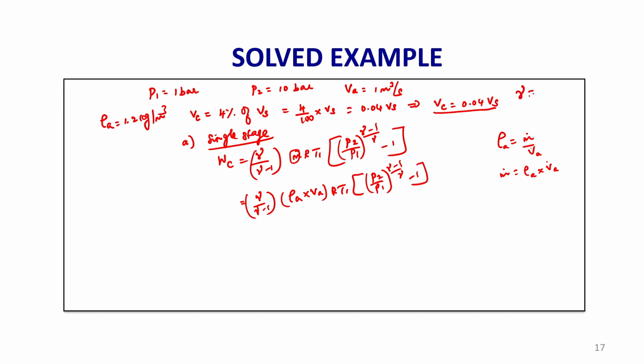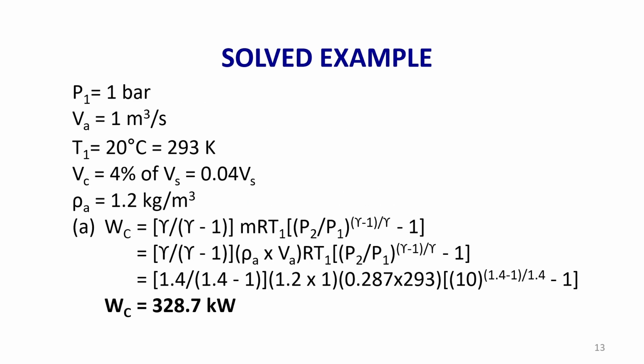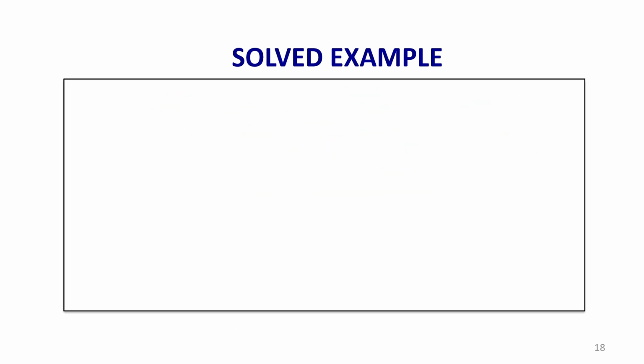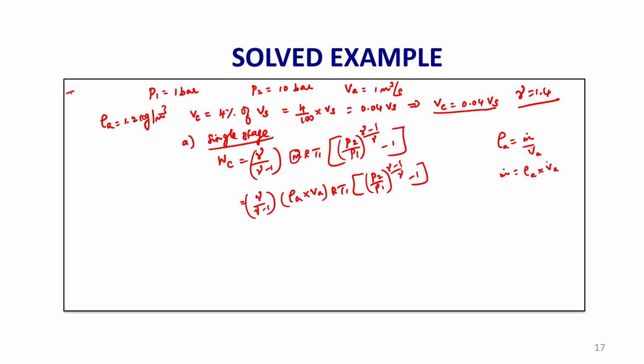And remember, gamma is equal to 1.4. T1 is given as 20 degree centigrade, converted into Kelvin, 293 Kelvin.